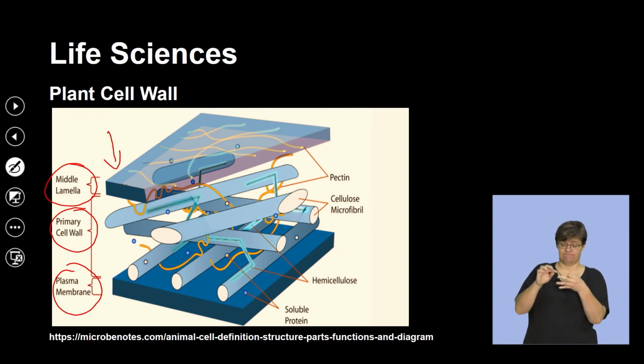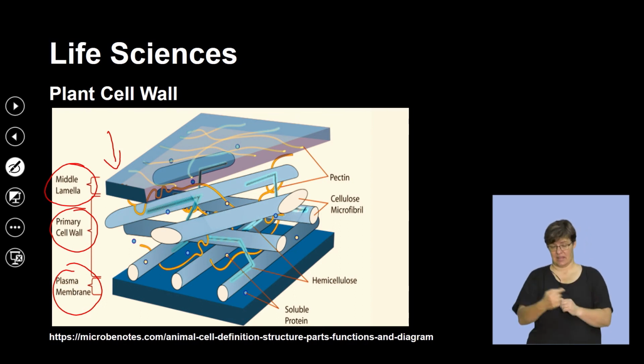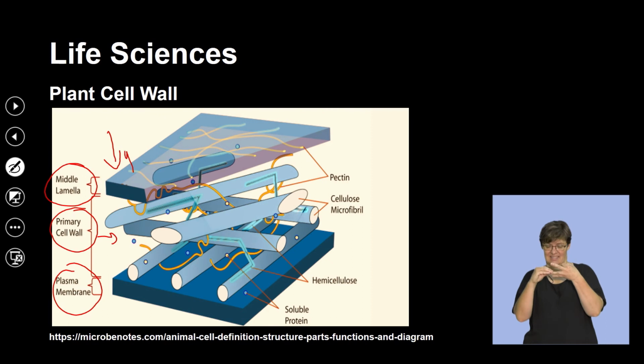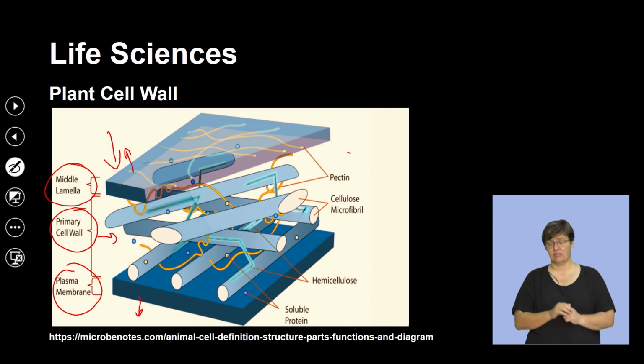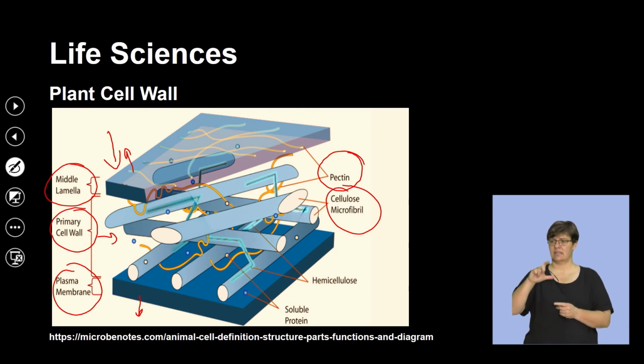So imagine having a sandwich, and this is essentially what the filling is, and on either side you have the outer and the inner slices, and that is what connects this membrane to the next cell. Within them you find some complex carbohydrates called pectin, you've got cellulose microfibrils, and you've got soluble proteins, which make the movement of substances through this much more effective.